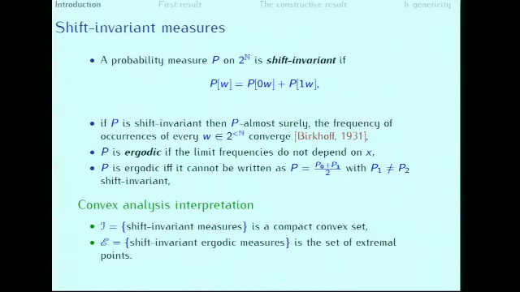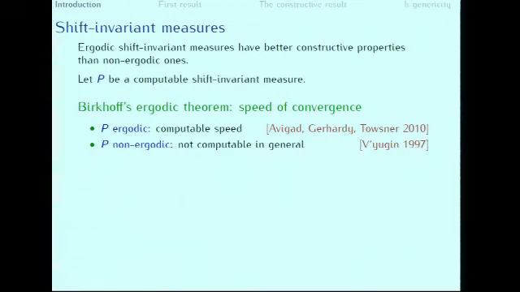Okay, so the point is that ergodic measures have better computable properties than non-ergodic ones. Let me give a few examples. You take a computable shift invariant measure. It has been proved that when the measure is ergodic, then the speed with which the frequencies converge is computable, always.